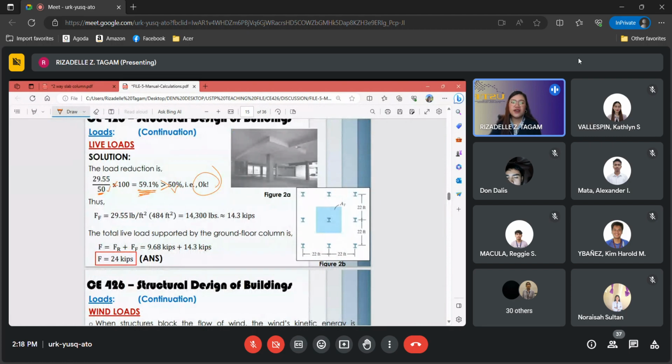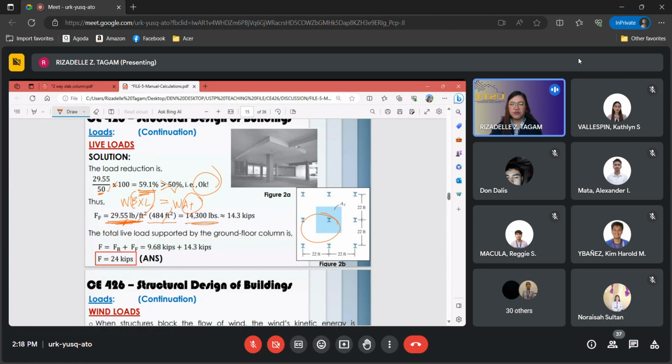Thus, we now solve the loading for the column on the ground floor. The equation is W times L, that is W times the tributary area, the tributary area of this column. What changes is only the W, because the standard unit load was reduced. So 29.55 multiplied by 484 square feet, the square feet cancel.